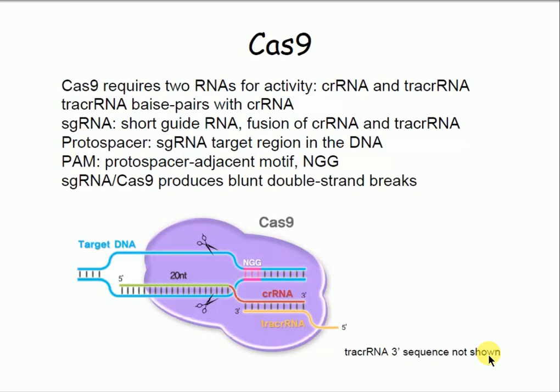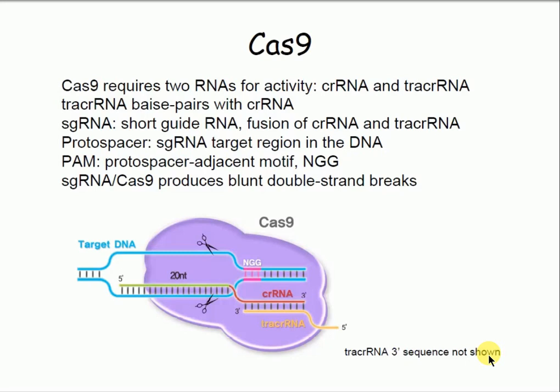This NGG is the protospacer adjacent motif. So there need to be 2 G nucleotides for Cas9 to be active. And then this complex will cleave the double-stranded DNA to produce blunt double-strand breaks.